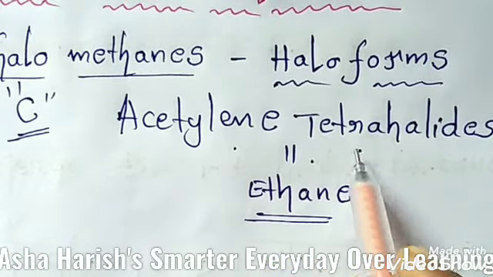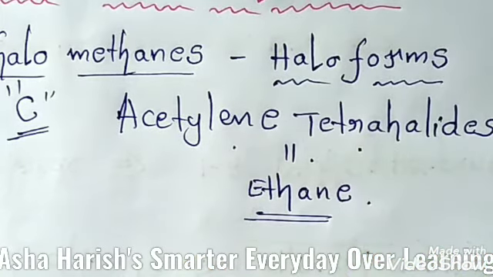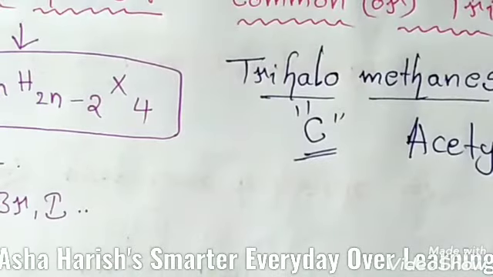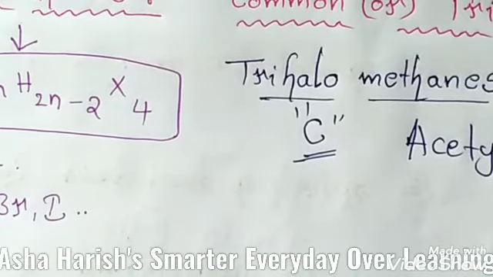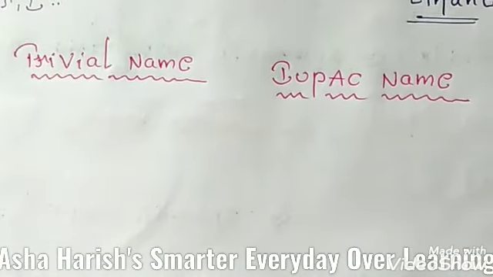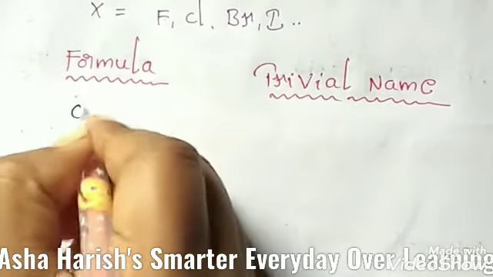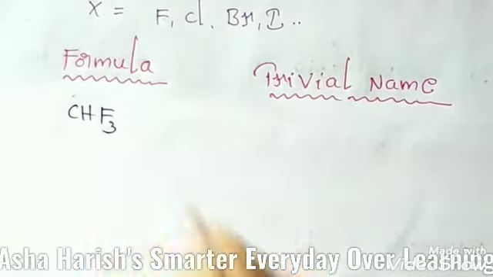Okay, students, now let's see about some IUPAC names of some tri and tetrahaloalkanes. Let's see with examples everything. In these examples, let's see the general formula, the trivial name and the IUPAC name also. Now the first formula is CHF3.